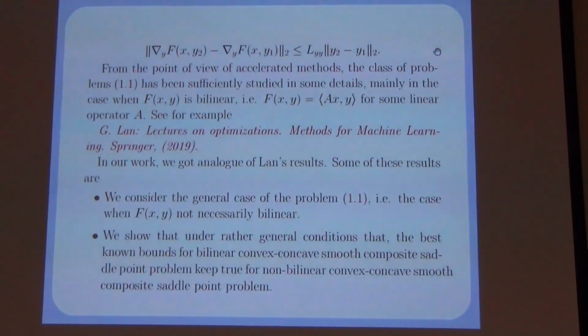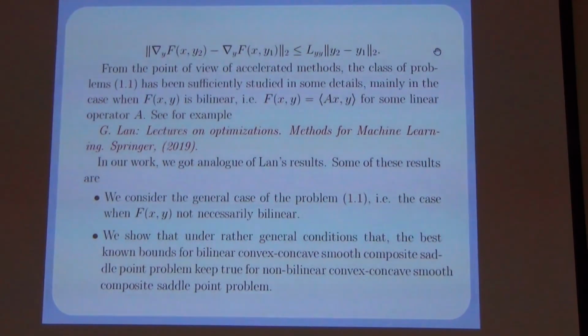From the point of view of the considered saddle point problems and scale-related methods for this class of problems, there is the special case when the function fxy has a bilinear structure. This case is sufficiently studied by Lan in his works. In our work, we consider the general case of the saddle point problem in which the function fxy is not necessarily bilinear.